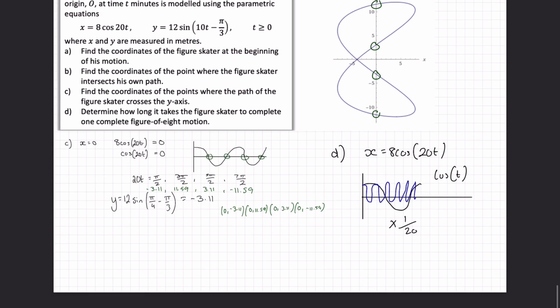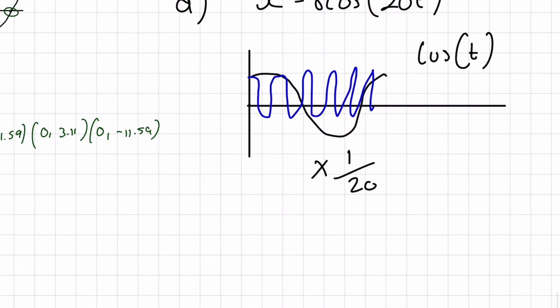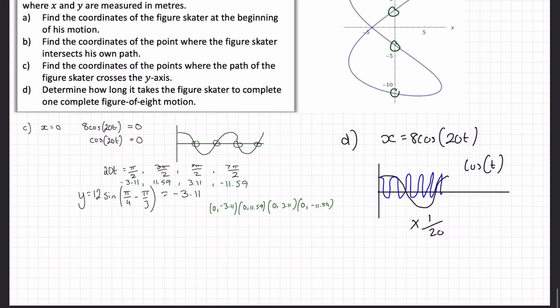So in this case, if we're going round periodically, in a case of sort of 2 pi over 20. So what that means is if I had my cos graph again, to go back to my starting point, if it was cos t, it would be every 2 pi, but in this case it's every 2 pi over 20.